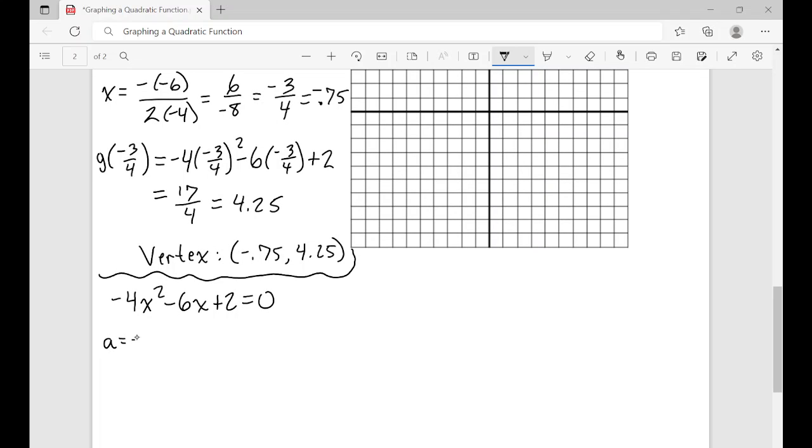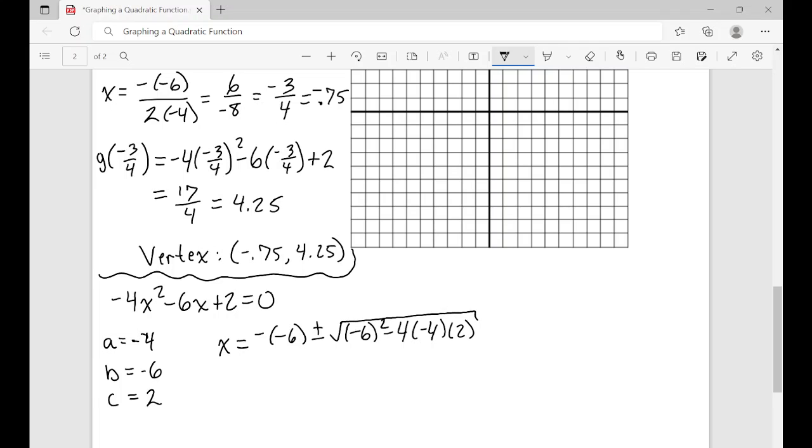So a is negative 4, b is negative 6, and c is 2. And so in the quadratic formula, x equals negative 6 plus or minus the square root of negative 6 squared minus 4 times a times c, all over 2 times negative 4.